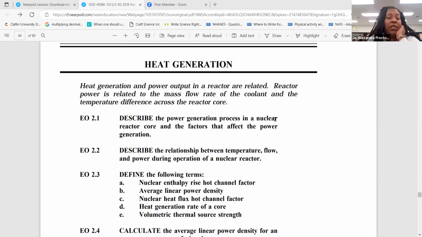So some objectives for this particular chapter are to describe the power generation process in a nuclear reactor core and the factors that affect power generation. Then describe the relationship between temperature, flow, power, and during the operation of a nuclear reactor. Define the following terms in this chapter: nuclear enthalpy rise, hot channel factor, average linear power density, nuclear heat flux, heat generation rate of a core, and volumetric thermal surface strength.